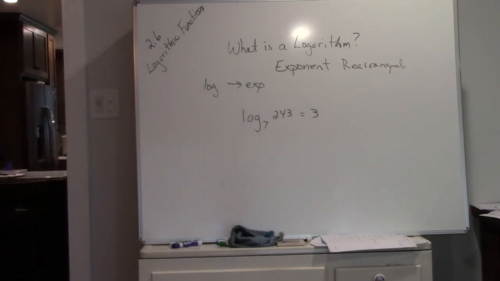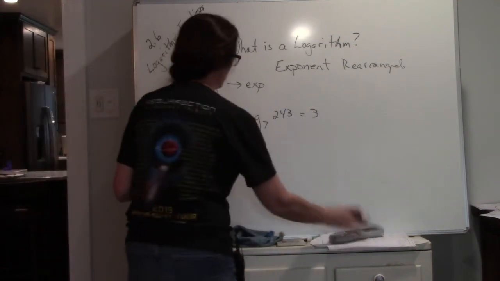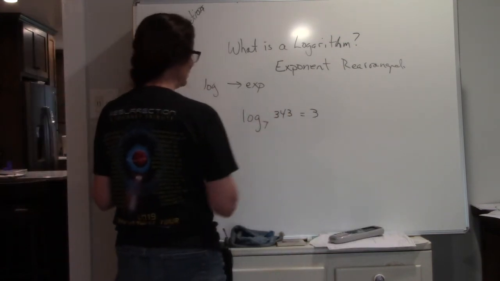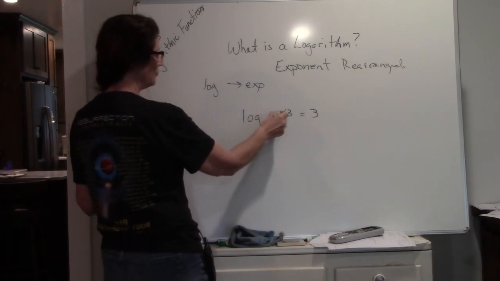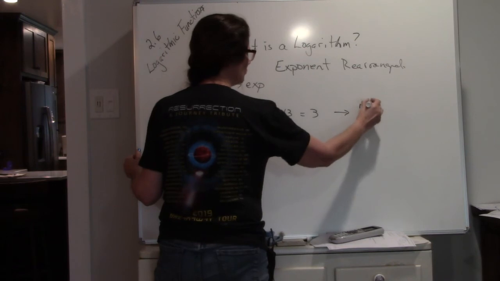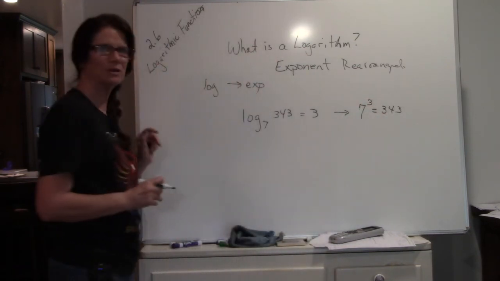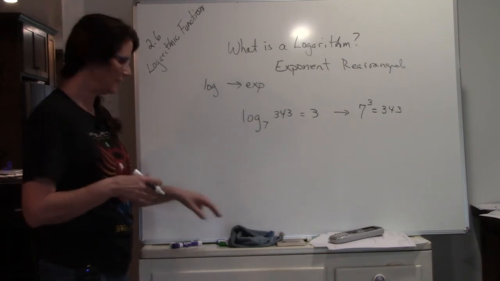Hang on. I think it's 7 to the third power. Oh, 343. Sorry. I knew that was close. Okay, so log base 7 of 343 equals 3. As an exponent, it's 7 raised to the third power is going to give me 343. All right, so that's what a log is.